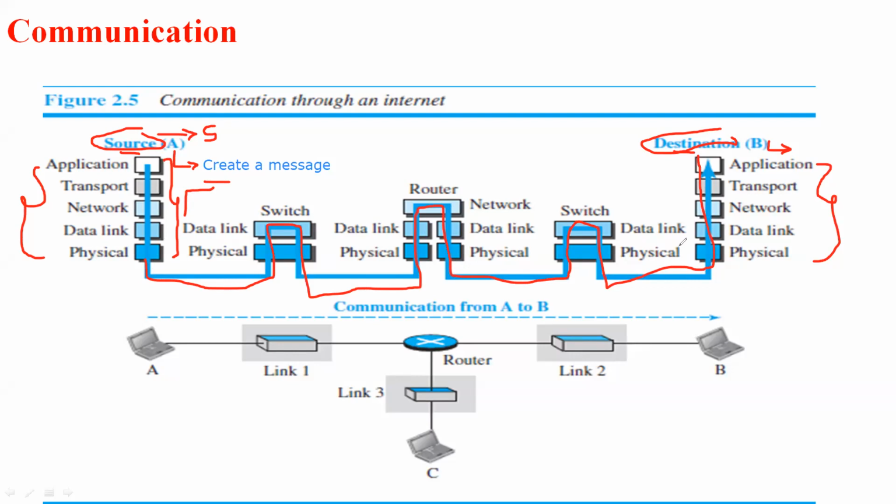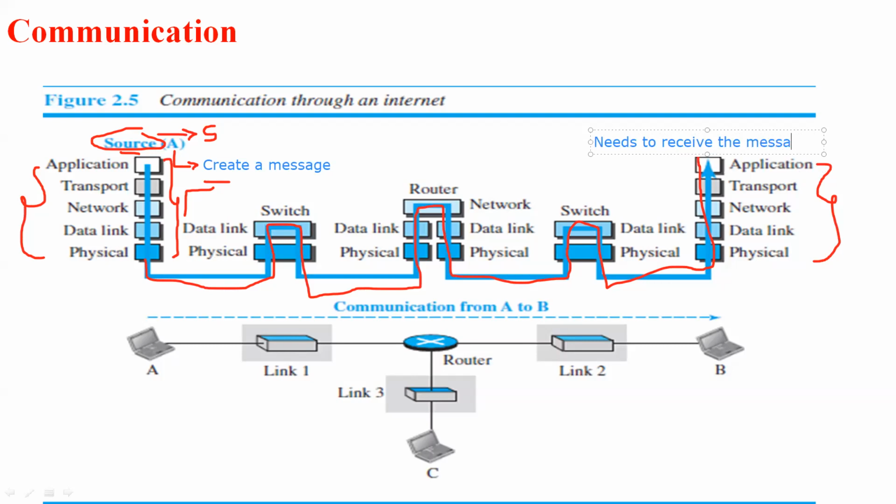So this destination node is there to receive the message, to receive the message at the physical layer.